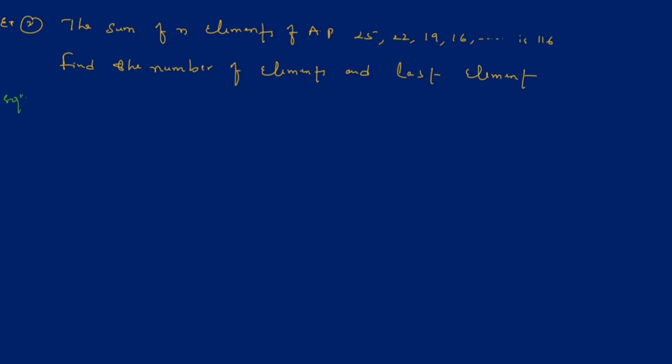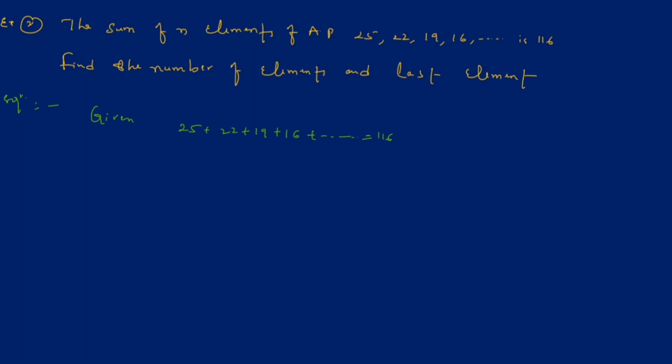Solution. On the given AP, 25 plus 22 plus 19 plus 16, and so on, which is equals to 116. Sum of n elements they are saying, so we are adding here. Find the number of elements they are asking and the last element also.